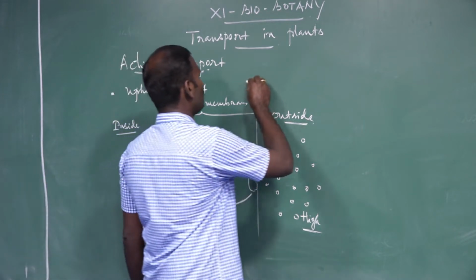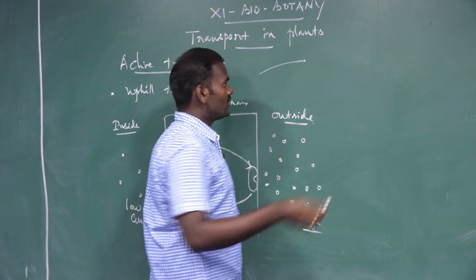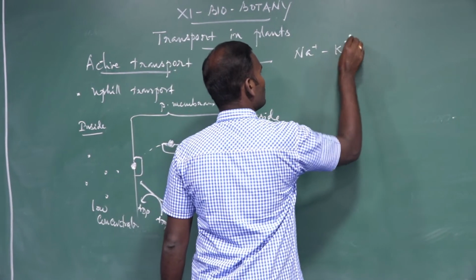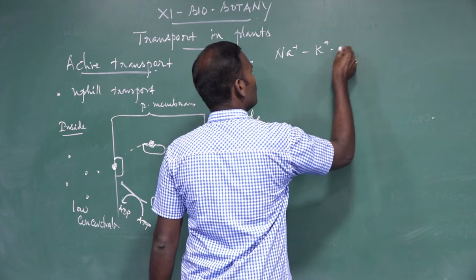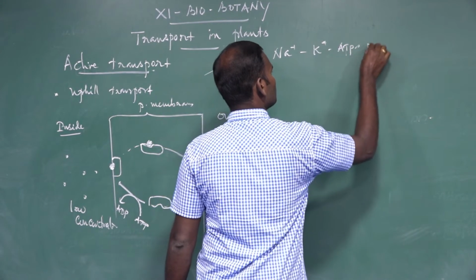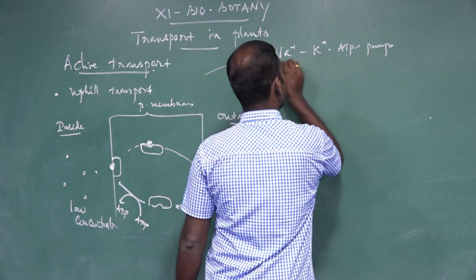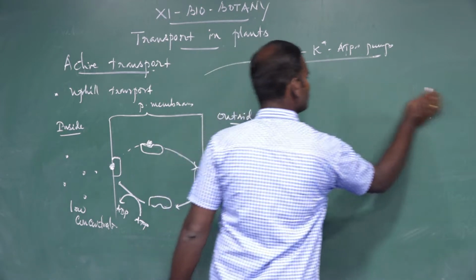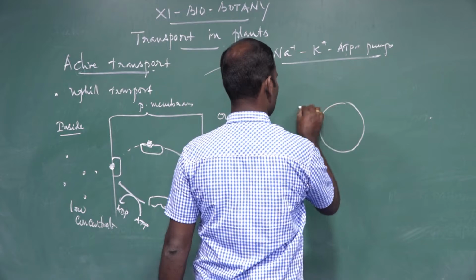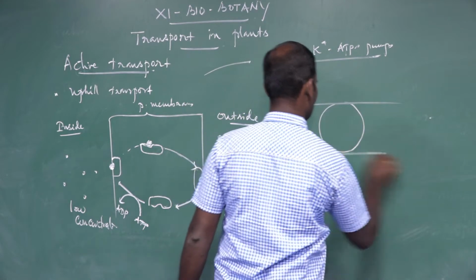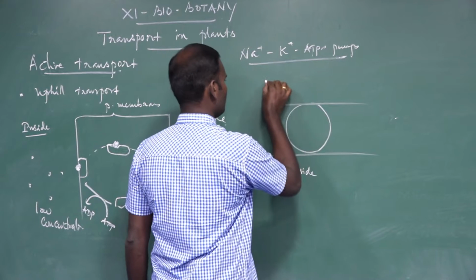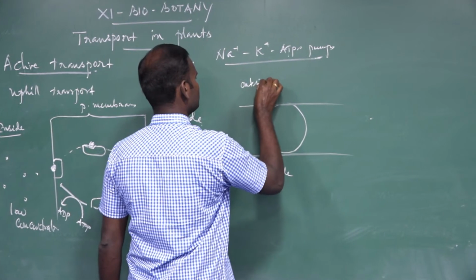Another example of active transport is the sodium potassium ATPase pump. This is a membrane protein. This is inside the cell, and this is outside the cell.